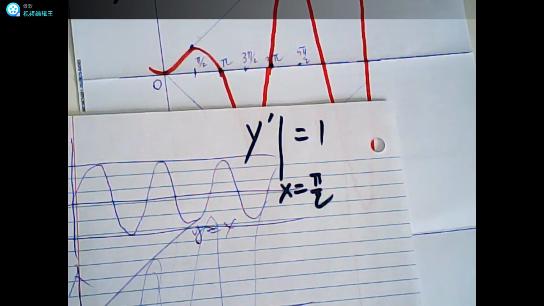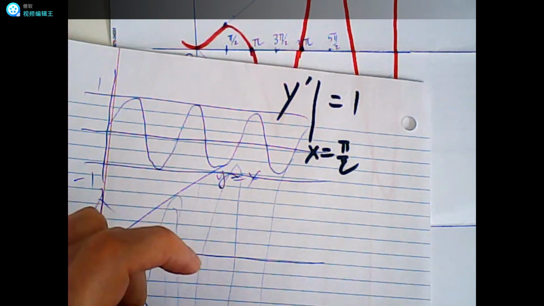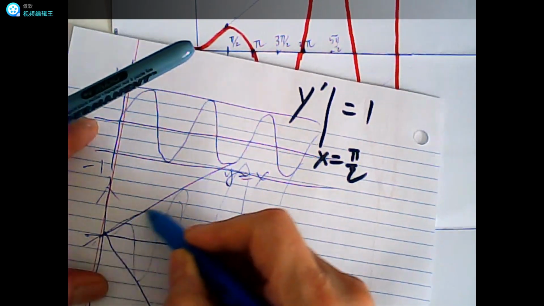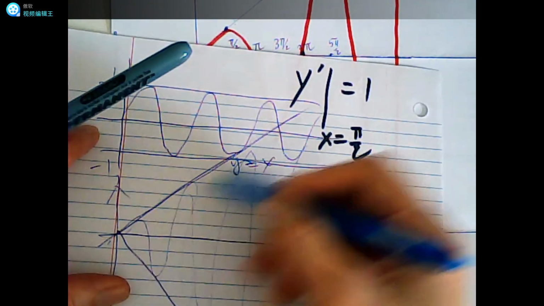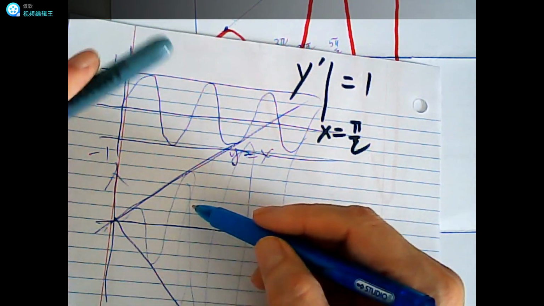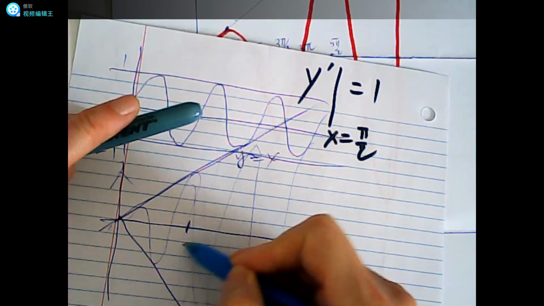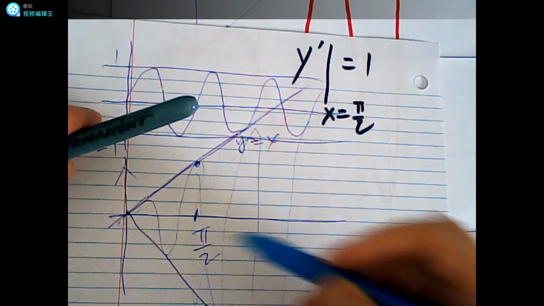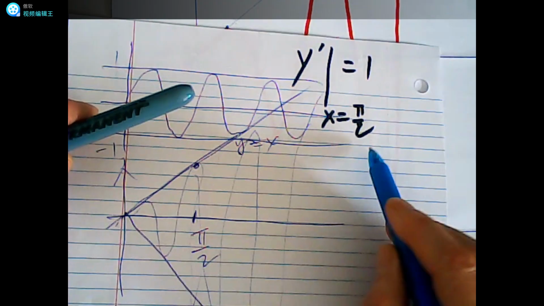Now we can explain it this way, okay? This is the slope of the tangent to that maximum point, and at this point the slope of the tangent is equal to 1.